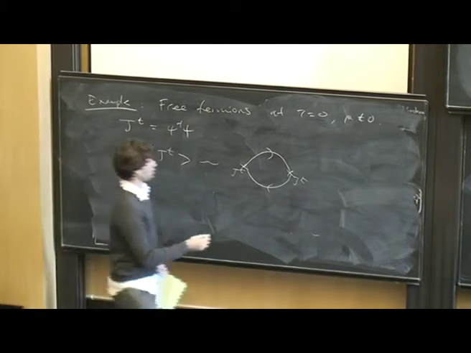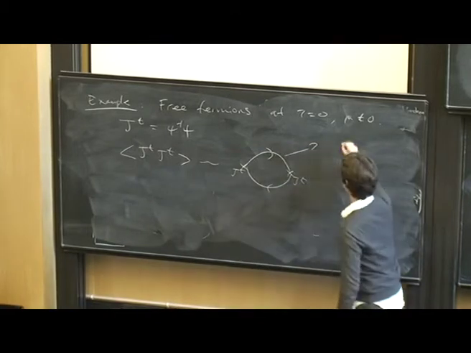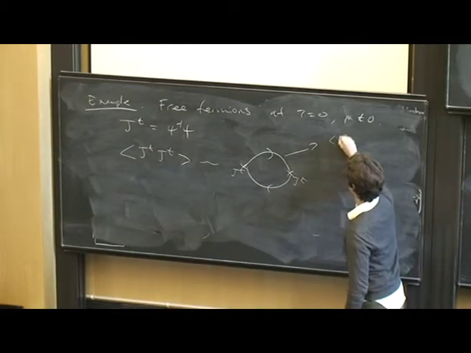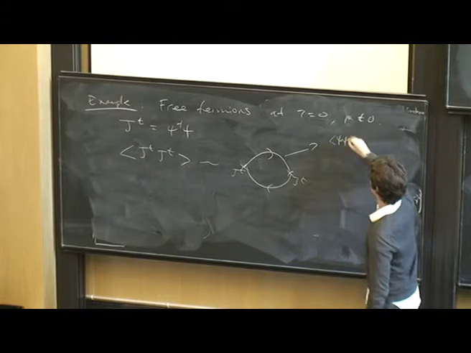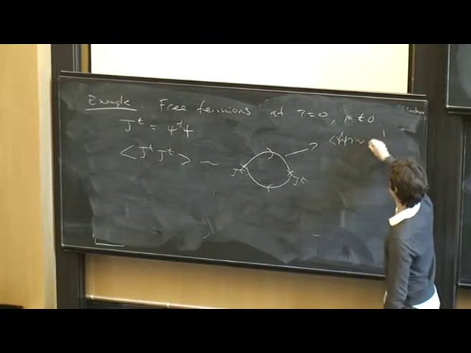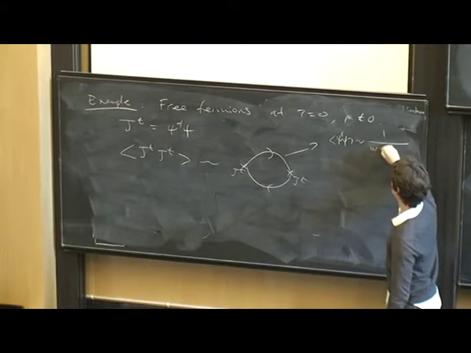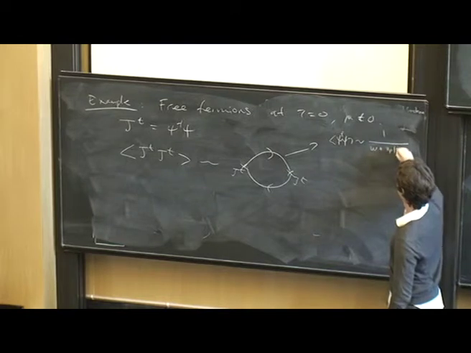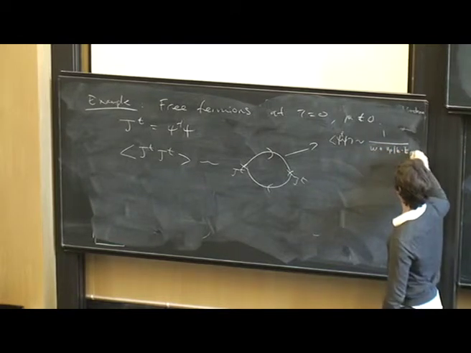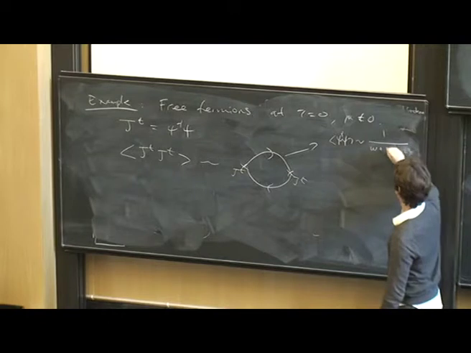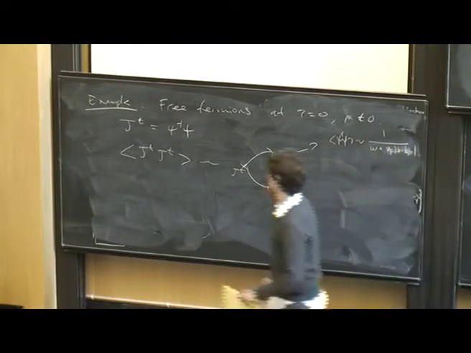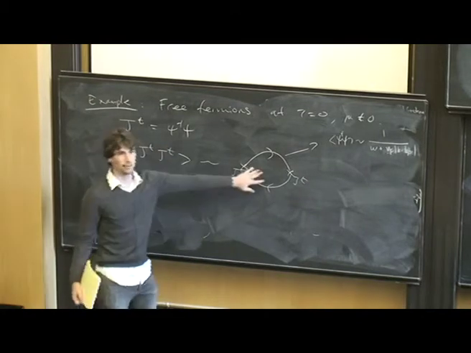And so the fermion propagator is something like, schematically, 1 over omega plus or minus (k minus kF), or something like that. And so it's trivial to do this loop.